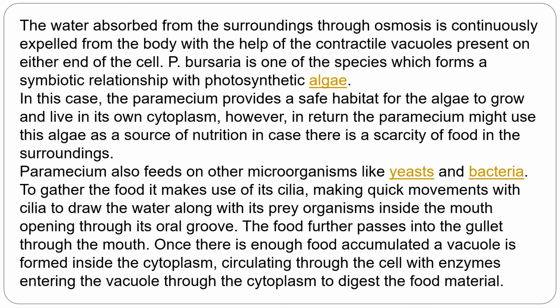Once there is enough food accumulated, a vacuole is formed inside the cytoplasm, circulating through the cell with enzymes entering the vacuole through the cytoplasm to digest the food material.